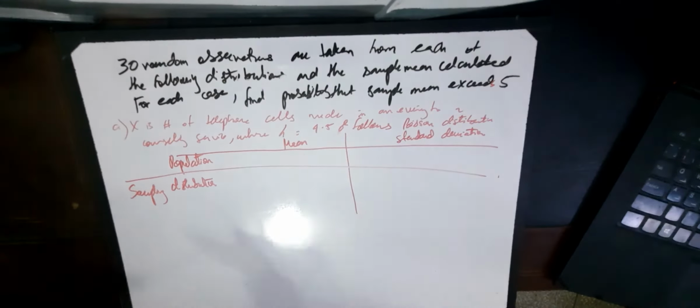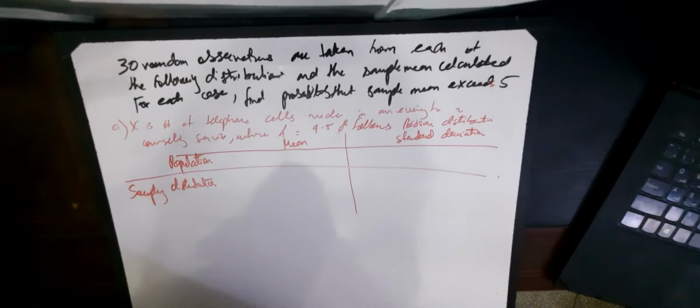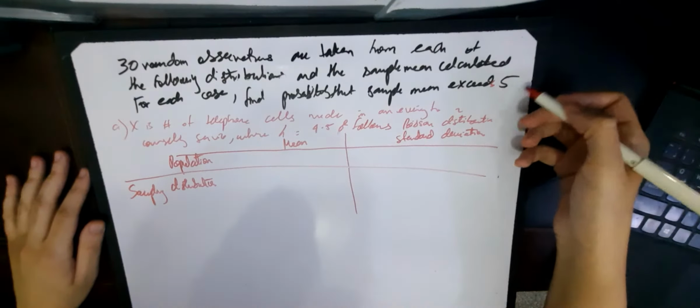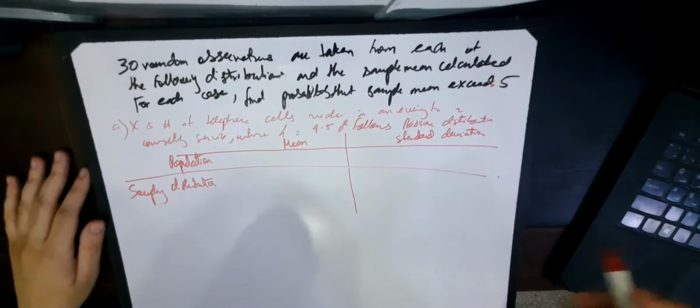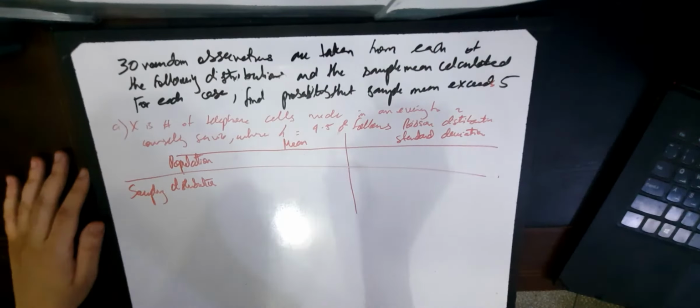And from that sampling distribution, I'm trying to figure out the probability that I can exceed a mean of 5 in that.